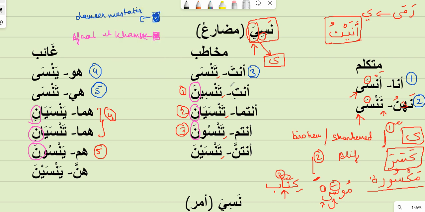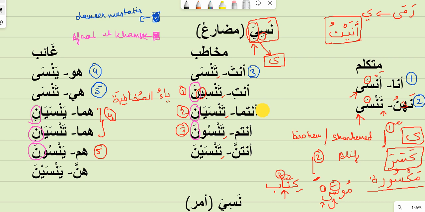Now, anta, tansa. You can see it's the same. Now, what is the difference coming in the anti? The ya here. This is the damir and it is called ya al mukhatiba, with the ta marbuta, ya al mukhatiba for feminine singular.